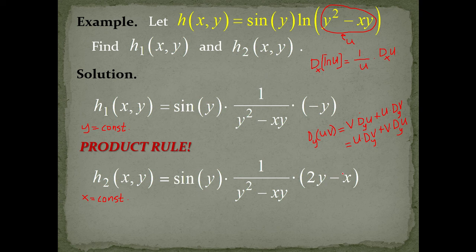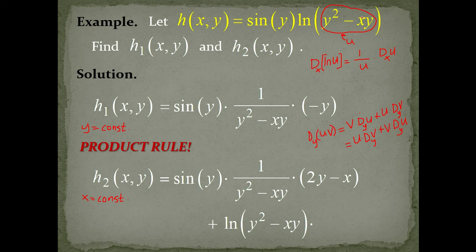The derivative of a constant is 0, so the derivative of the first term, y squared, with respect to y is 2y.